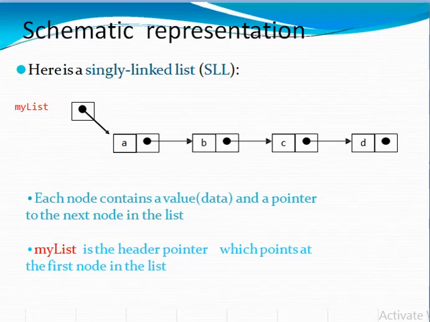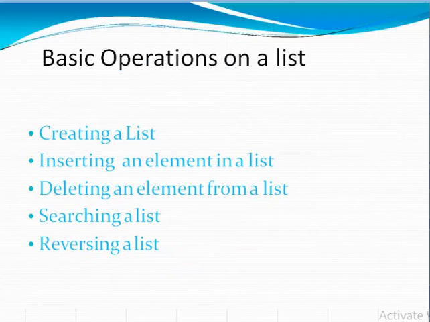Each node contains a value, that is the data, which here is A, B, C and D respectively, and the pointer to the next node in the linked list. Here we have named it MyList. MyList is a header pointer which points to the first node in the list, the initial node we can also say.